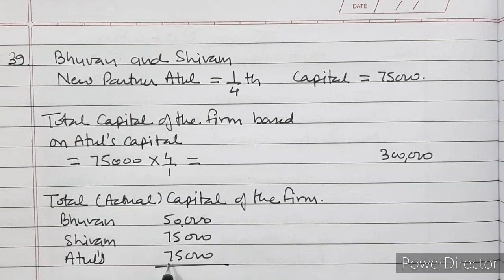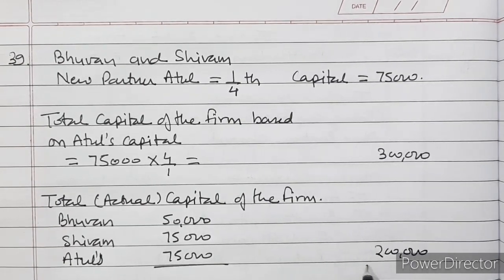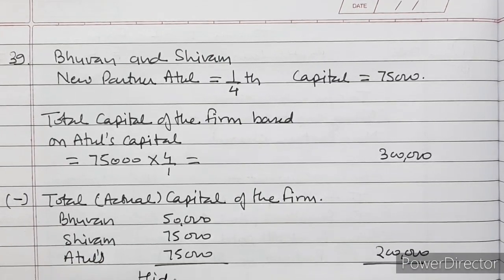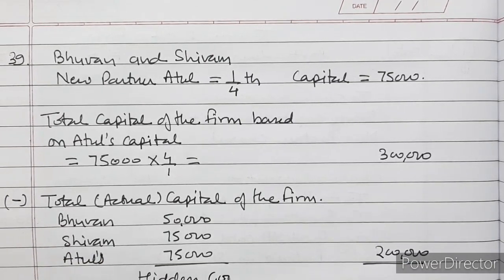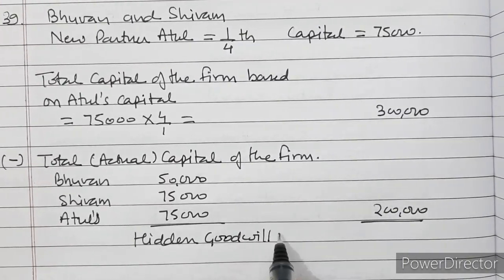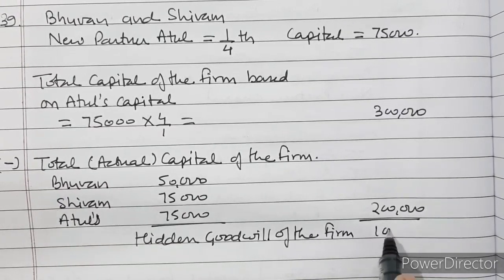So 75 plus 75, 1,50,000, plus 50,000, 2 lakh. Now the difference between these two is the hidden goodwill of the firm. That is 1 lakh.